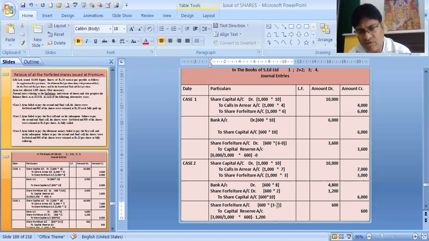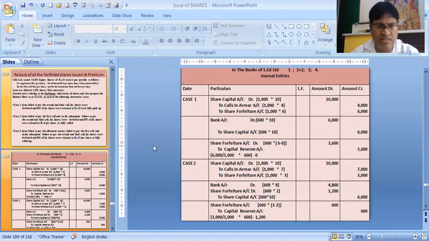That means 2 rupees was the loss, this 2 rupees which you have not received. The total value which you have received at the time when you issued the shares is 3 rupees, excluding the premium value over here, because premium we have not debited. So 1 rupee per share is the profit. Number of shares reissued was 600 into 1, 600. You can do it any way of the formulas as per your wish.